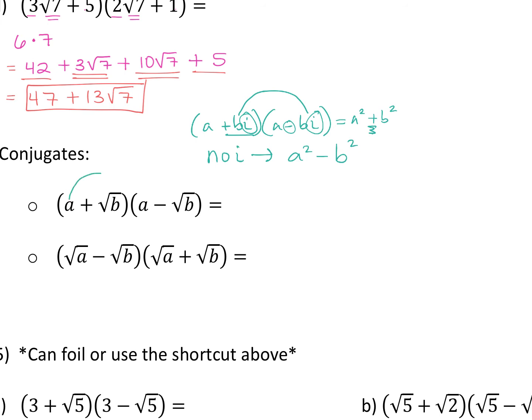So if we FOIL this, A times A is A squared. A times a negative rad B is a negative A rad B. Rad B times A is going to be a positive A rad B. And then this is going to be the square root of B times a negative square root of B. So that's going to be minus the square root of B squared.